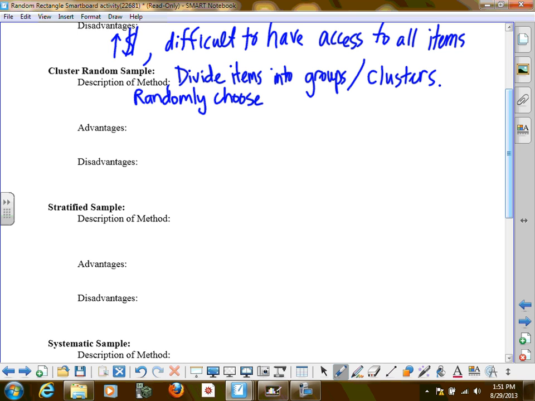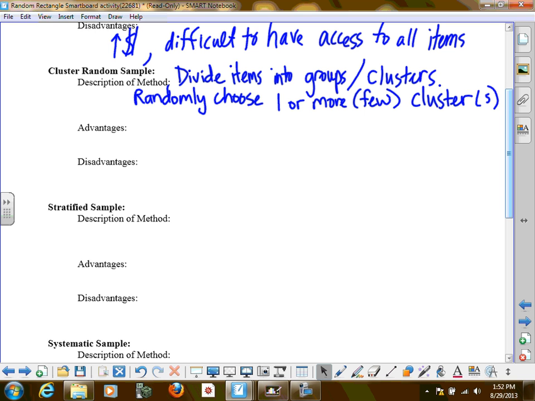You could choose one or more, a few clusters. Now, on our rectangle activity, we only had 5 clusters, so that would have been kind of weird if we picked more than one cluster. But if I clustered Aledo High School by first period, then there's like 60 classes. So then I would probably want to pick about 3 clusters or maybe even a little more, okay?